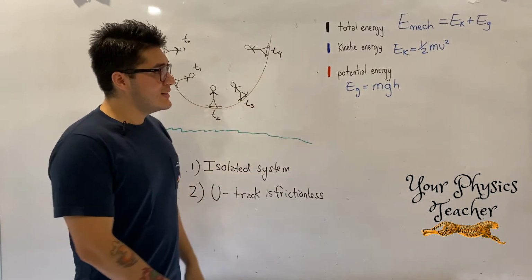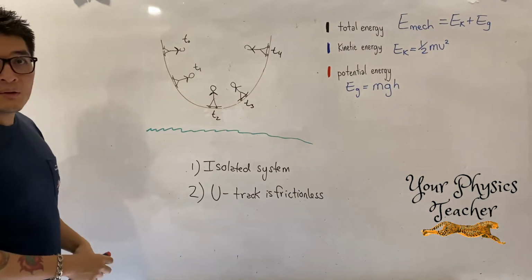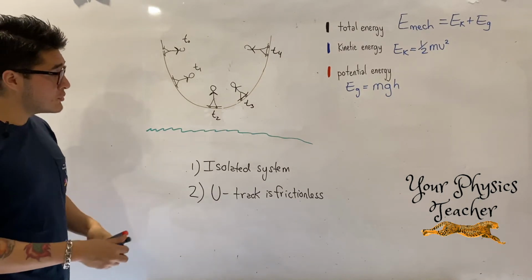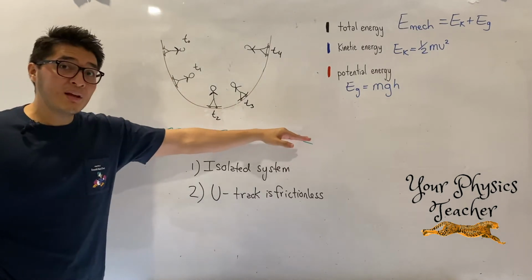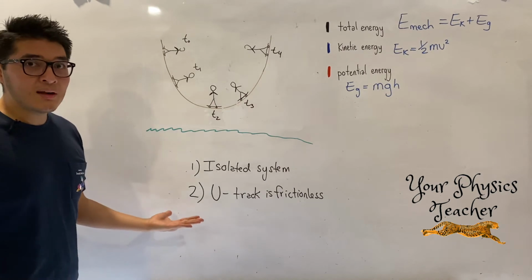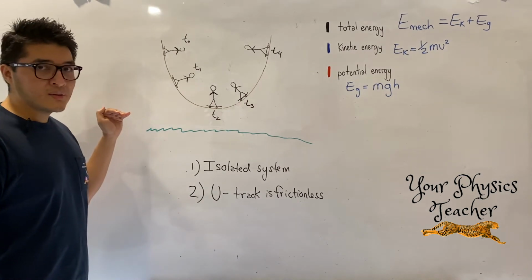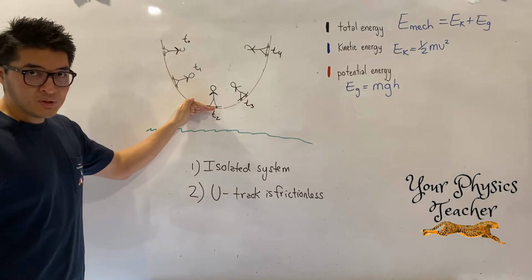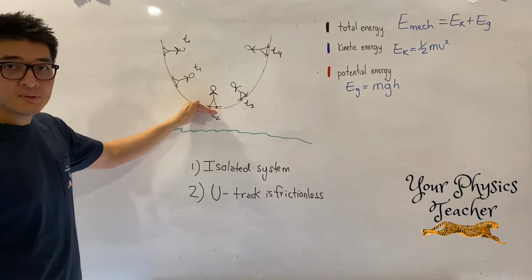For potential energy, it depends on height. That means we need to define the coordinate system. In most questions, they always tell you to put the coordinate system at the ground level. But you're in this video, so I'm going to teach you the more clever way of thinking about it. You want to set it at the lowest possible point achieved by your object.